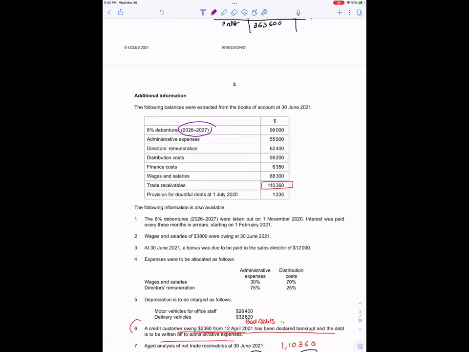That it has to be repaid in 26, 27. So it's a non-current liability. So if I take 96,000 into 8%, 7680.